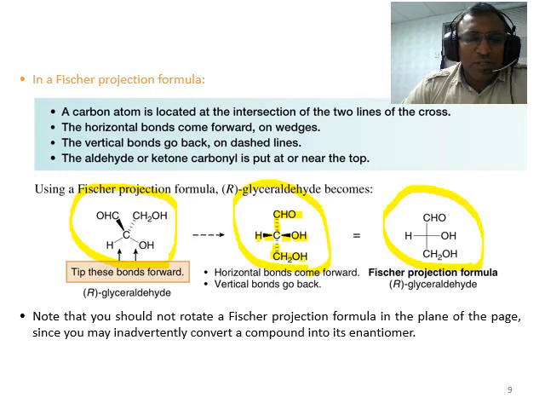And then this one additionally has these straight lines on the plane of the slide, and then the wedge closer to you and dash line away from you. So this one is more 3D than these two here.